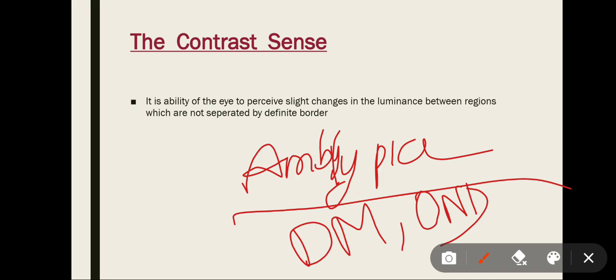Further, contrast sensitivity may be impaired even in the presence of normal visual acuity.